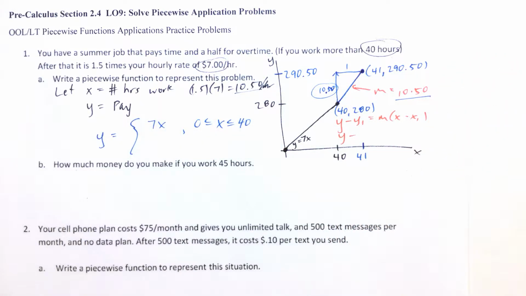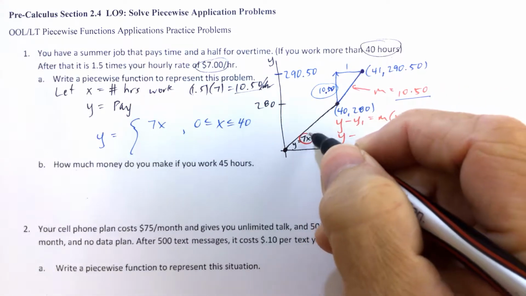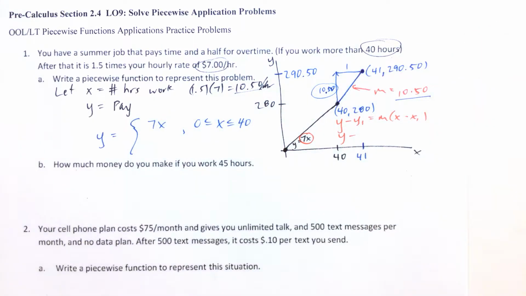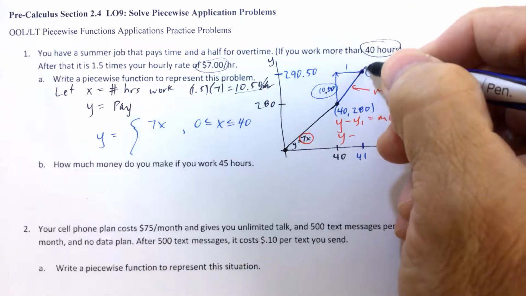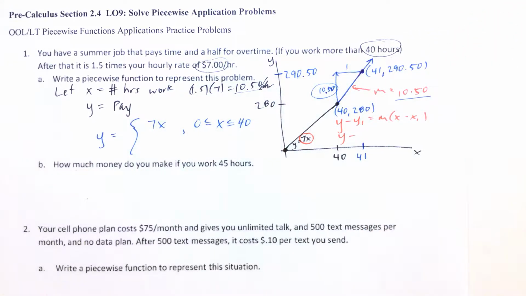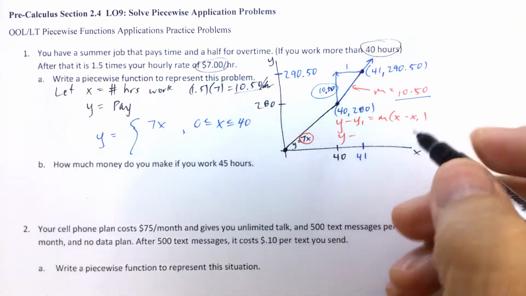We're doing this to get the equation of the second piece. Remember, we're creating piecewise functions. We already came up with the equation for the first piece, and we want the equation for the second piece. Of course, the second piece goes on forever, but by finding 2 points on the line, we can come up with the equation of the line, so I don't need to keep plotting points.